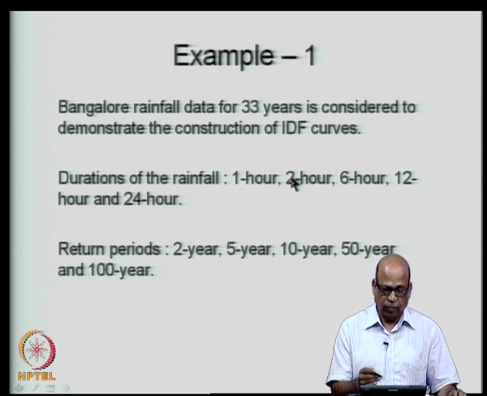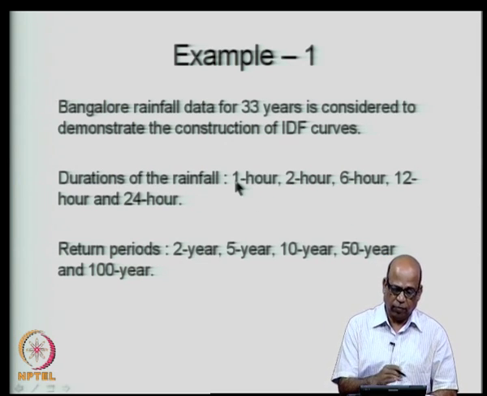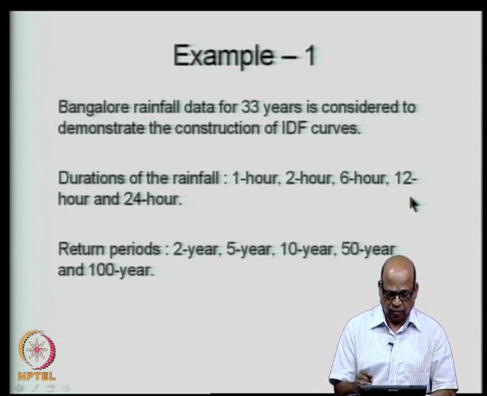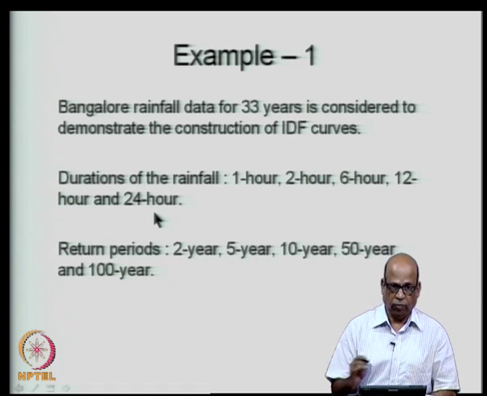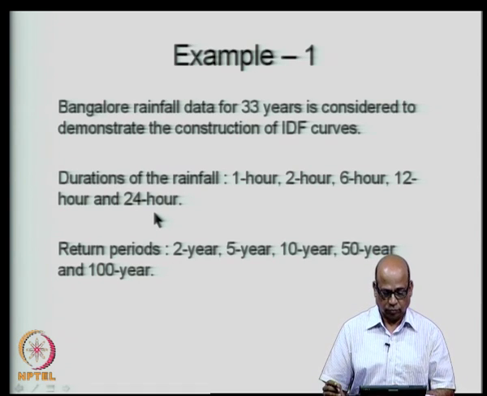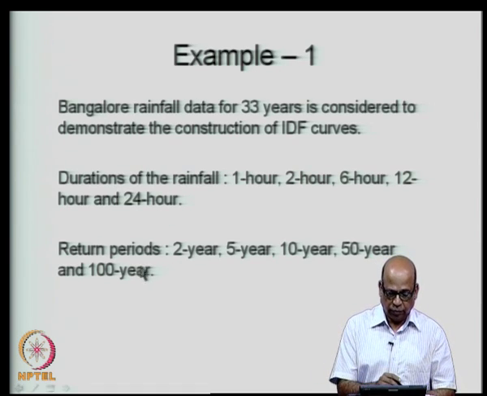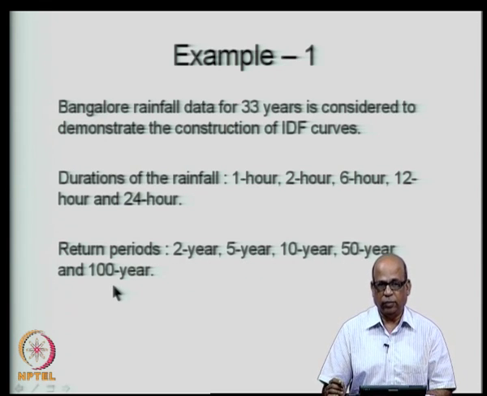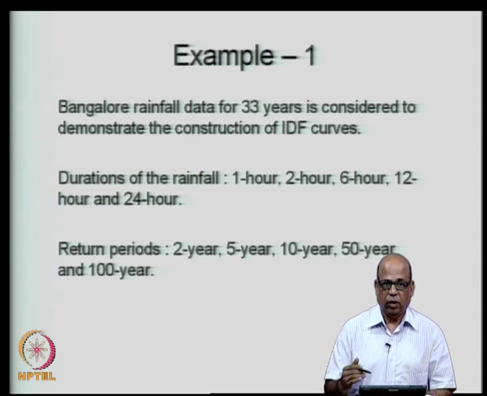Although we have rainfall data for half an hour, 15 minutes, etc., for the purpose of this demonstration, I will start with 1 hour, 2 hour, 6 hour, 12 hour and 24 hour durations. And we will consider the return periods of 2 years, 5 years, 10 years, 50 years and 100 years, and we will determine the IDF relationship for this particular data.